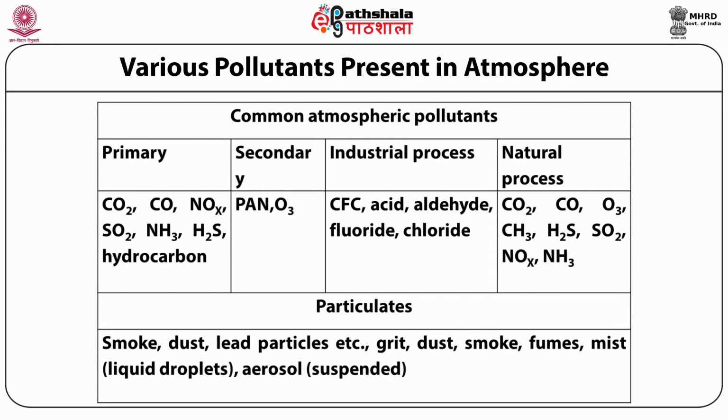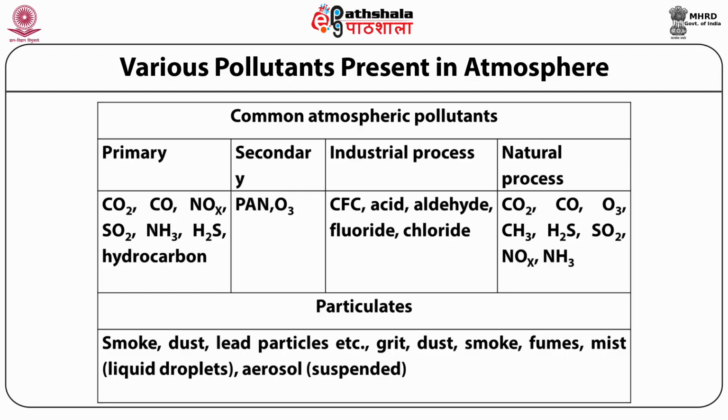This table represents various pollutants which are present in the atmosphere. Now you can see there are a number of pollutants which are divided into various types. First are the primary pollutants, which consist of carbon dioxide, carbon monoxide, nitrogen dioxide, etc. Secondary pollutants consist of PAN and ozone. There are some pollutants which are released from industries, which include chlorofluorocarbon, acid, aldehyde and chloride.